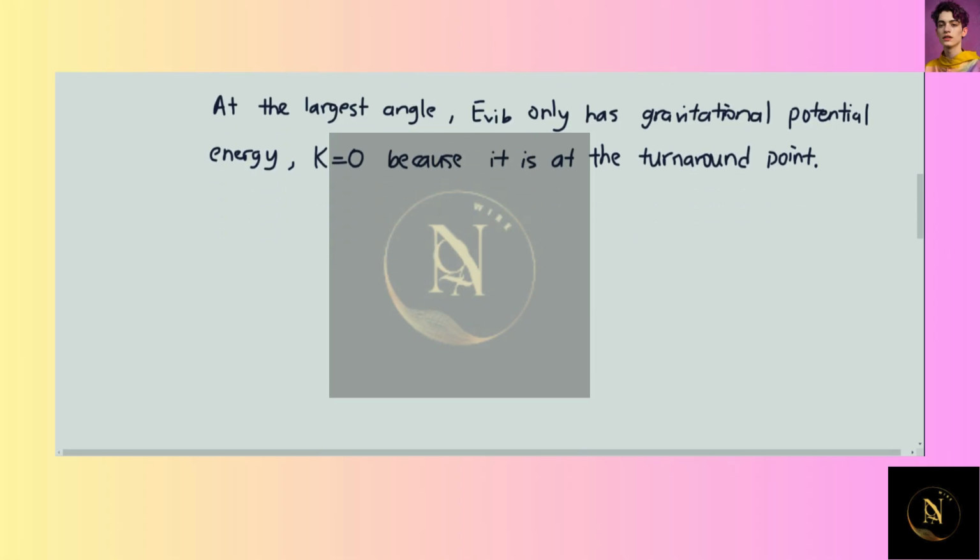The gravitational potential energy is given as mgl times 1 minus cosine theta, and you equate this to the E vibrational, and so cosine theta will be rearranged. This is what you get.